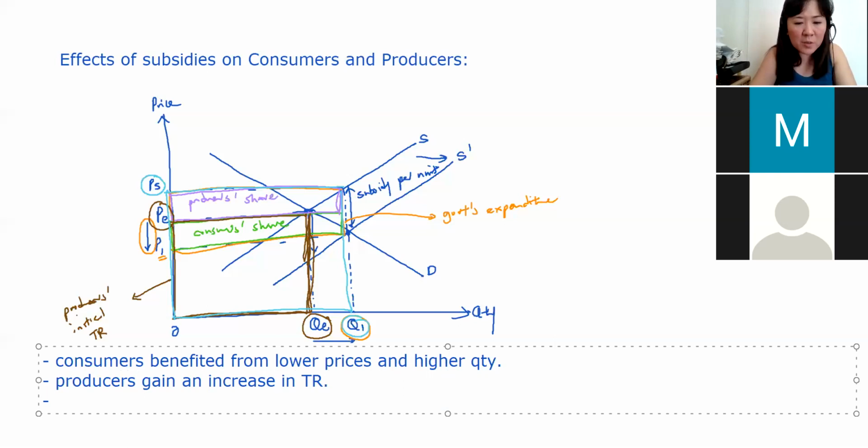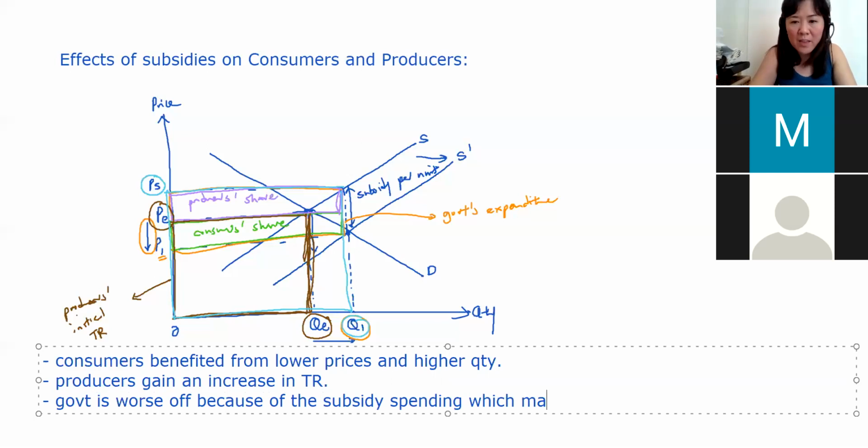Then the government is worse off because of the subsidy spending, which may strain their budget. It may strain their budget.